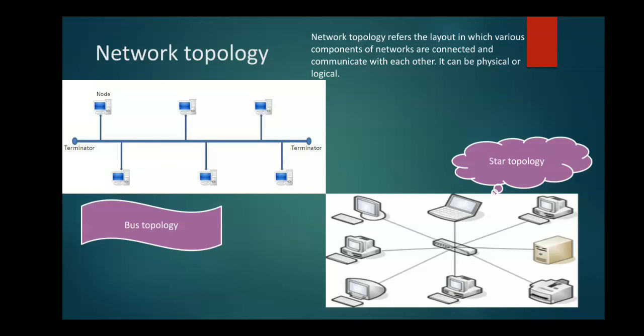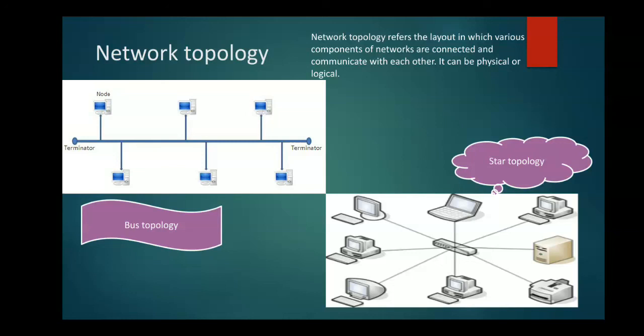Now the star topology. In the star topology, every device is connected to the central computer using a point-to-point connection. The central server acts as a hub. Star topology is very popular because the startup cost is low. If we remove any of the devices, the setup will not be disturbed.